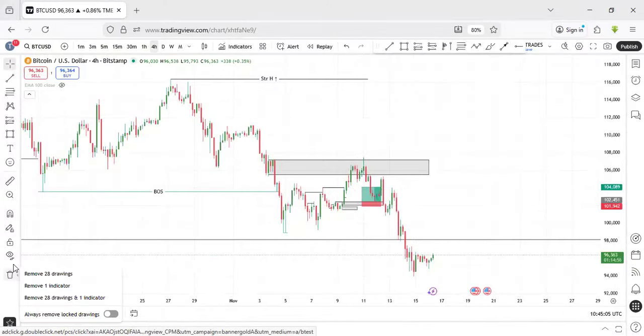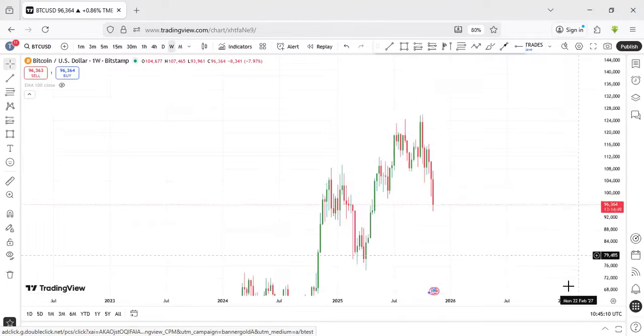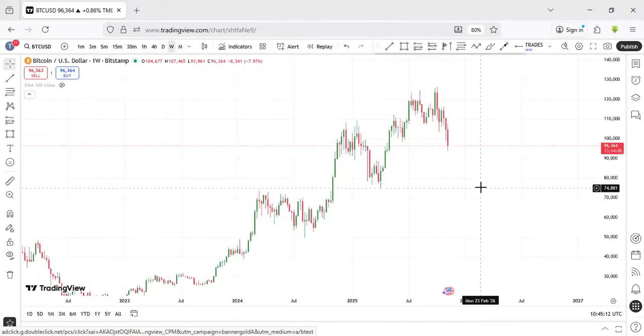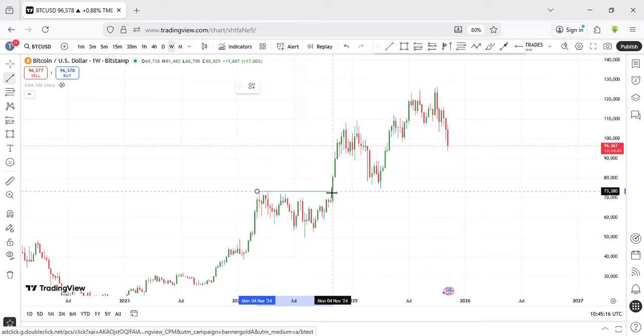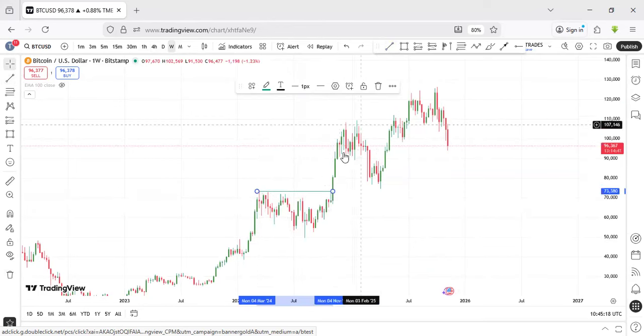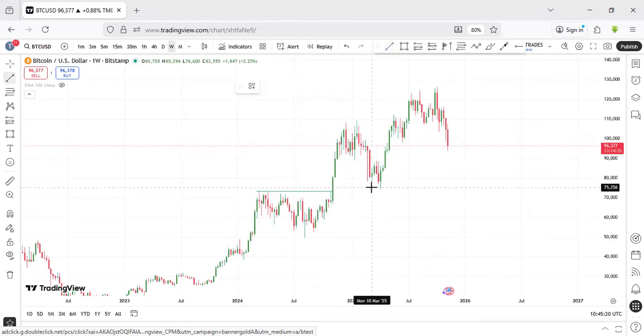Now on BTC, I want us to look at something, right? This is BTC. We have this break of structure at this particular place, and this break of structure created this low. Then it gave us this low on weekly, daily.